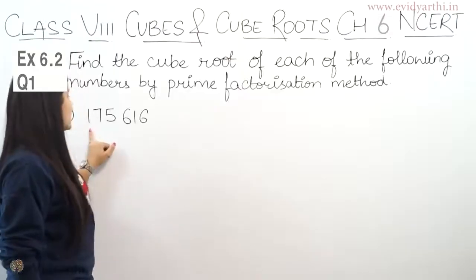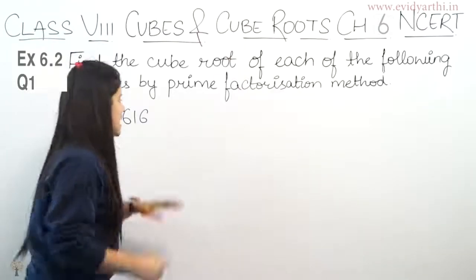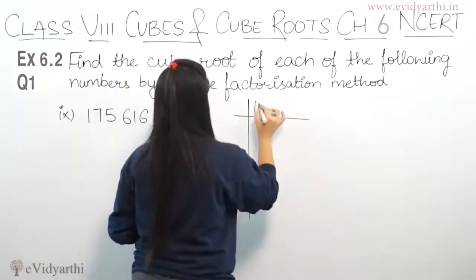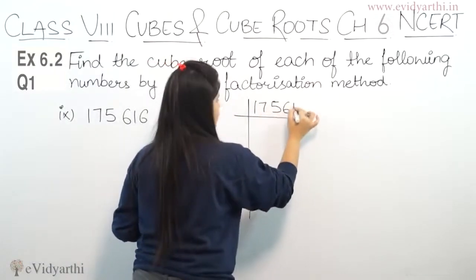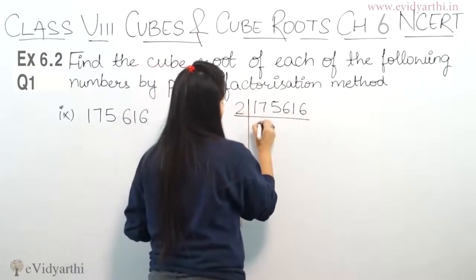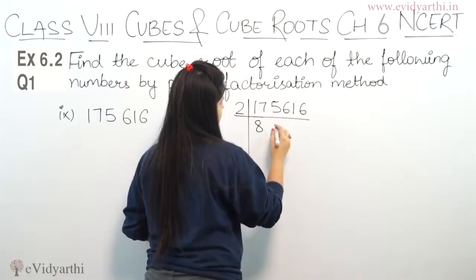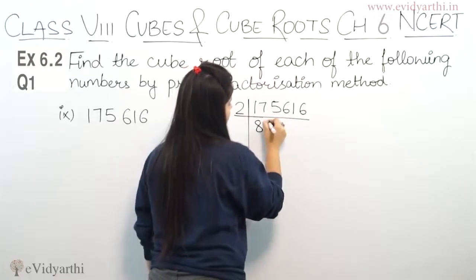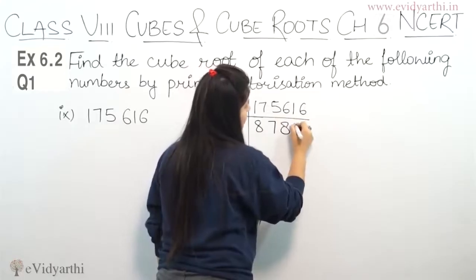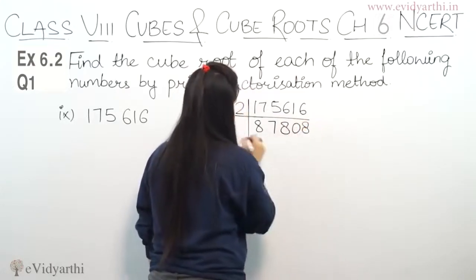9th part में है 175616. So इसका prime factorization करते हैं. 175616, 2 से start करेंगे. This will be 87808. Then we have 43904.